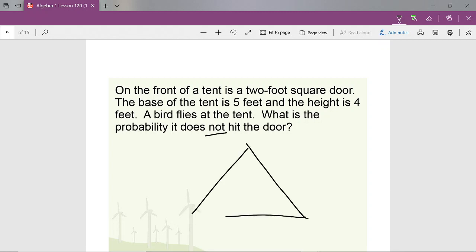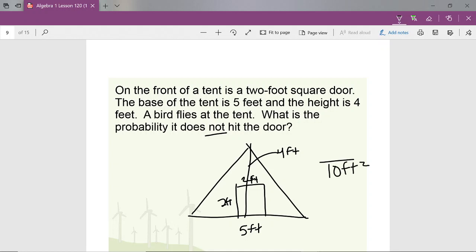So here is our tent, our triangle, and it has a square door here that is 2 feet by 2 feet. And we know that the base of this tent is 5 feet and the height is 4 feet. So the area of the total front of the tent would be base times height divided by 2, so 10 square feet.